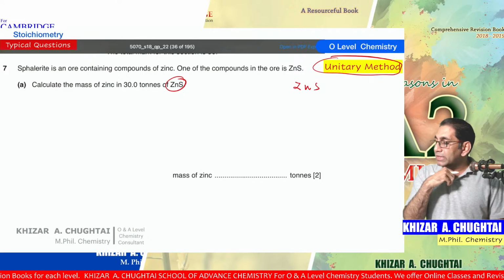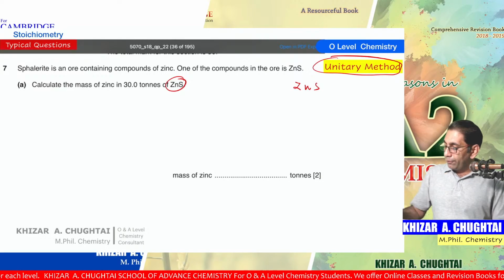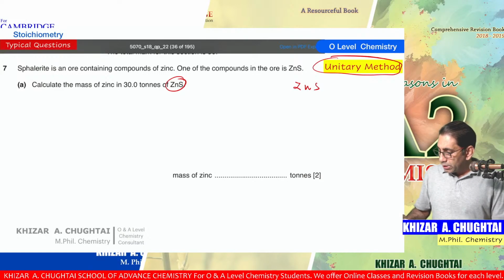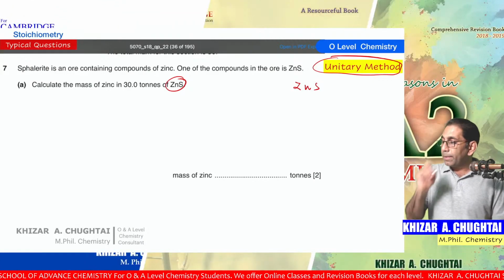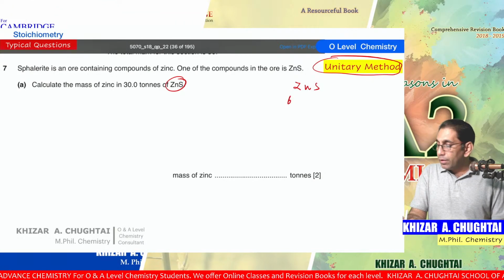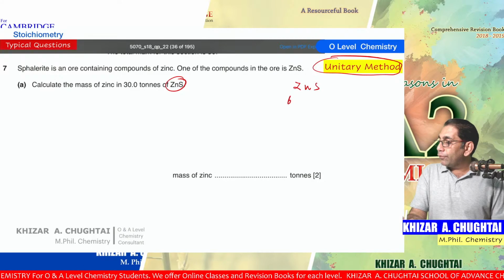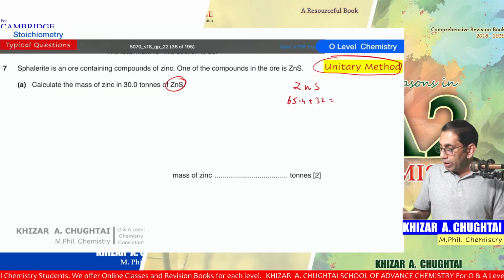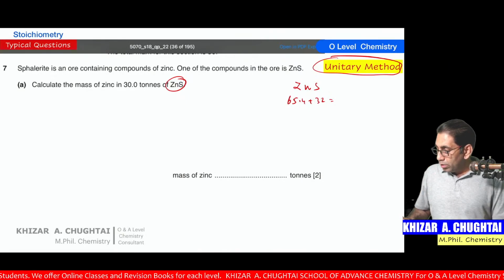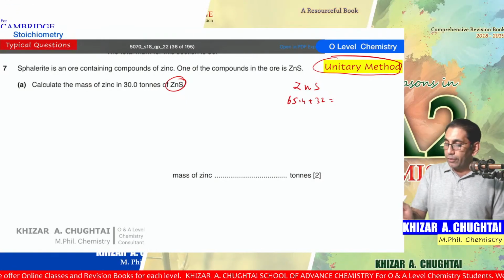The Mr of zinc is 65.4 plus sulfur is 32, that is equal to 97.4.